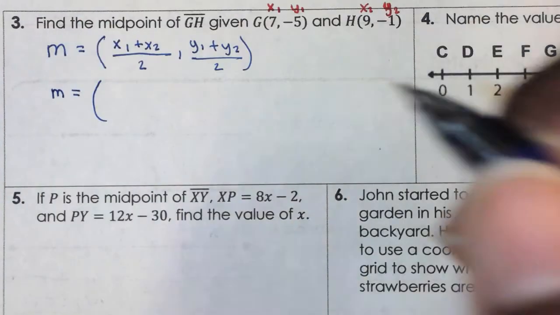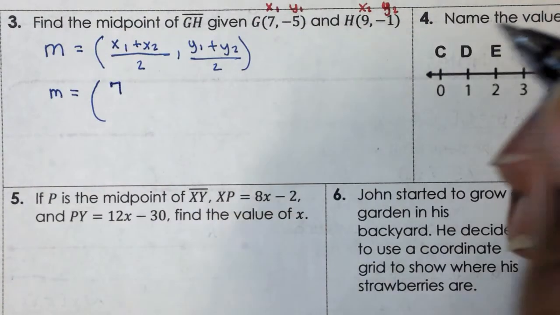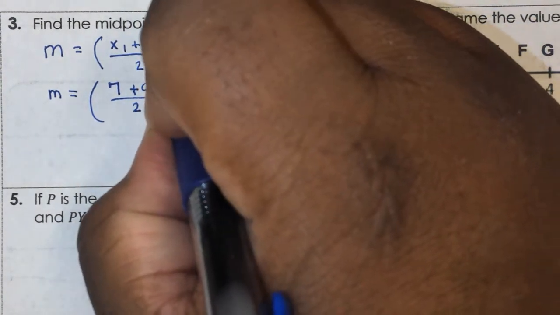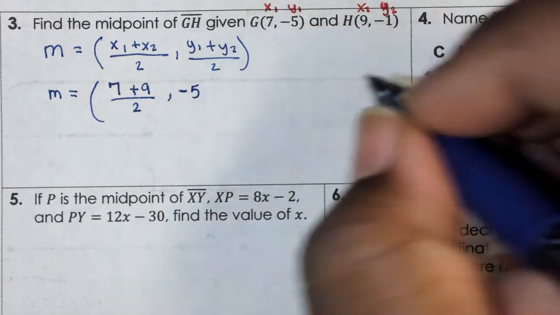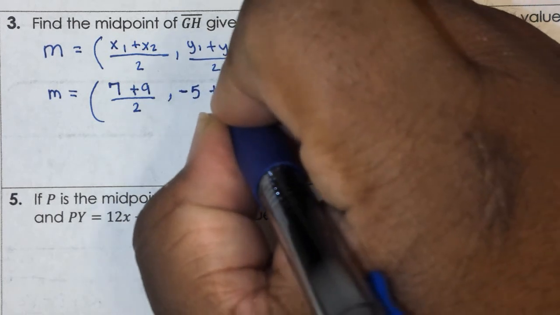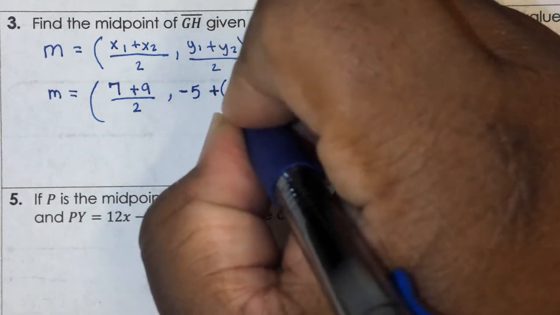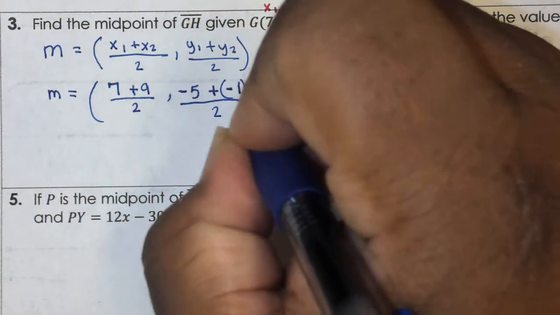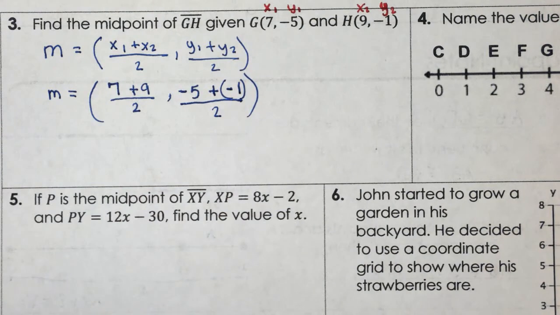For me, parentheses, x1 is going to be 7. x2 for me is going to be 9. So 7 plus 9 divided by 2. My y1 is going to be -5. My y2 is going to be -1. So it's -5 plus -1. I'll put that in a little small parentheses to separate it. Divided by 2.